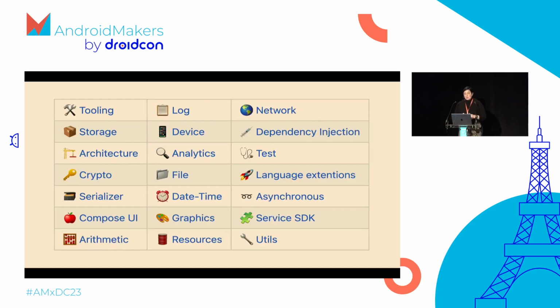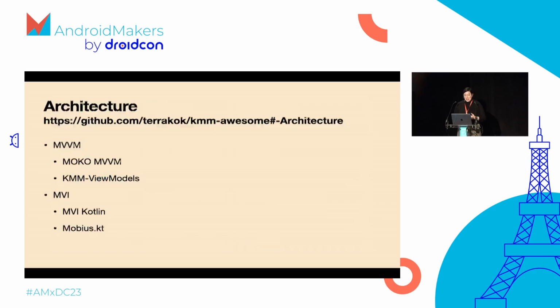So let's have a look at the broad categories of KMM Awesome. I always get excited to see what's happening on that page when I browse through it, to see how the ecosystem is growing. I want to just quickly zoom into architectures. So KMM Awesome has a long list of architectures, not just these, but the most prominent MVVM ones are MOKO MVVM from IceRock and KMM-ViewModel from Rick Clephas.